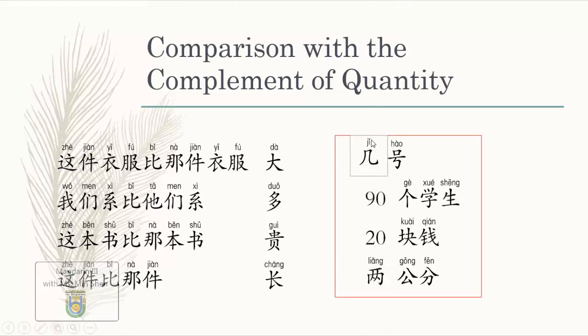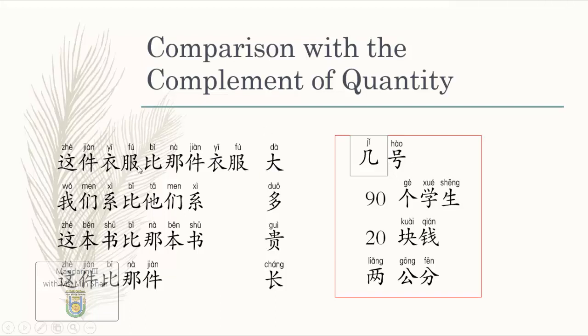For example, the number we don't know, because this is a numeral measure word phrase. So we can use a proper pronoun, which is 几, to take the place of the number. Then the sentence becomes 这件衣服比那件衣服大几号.